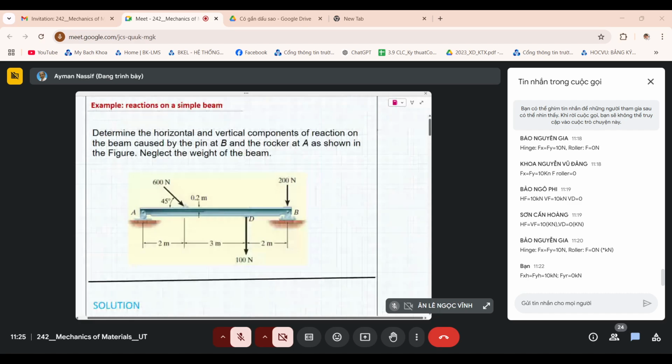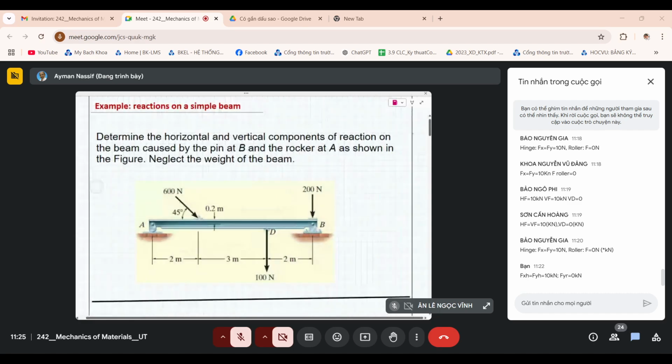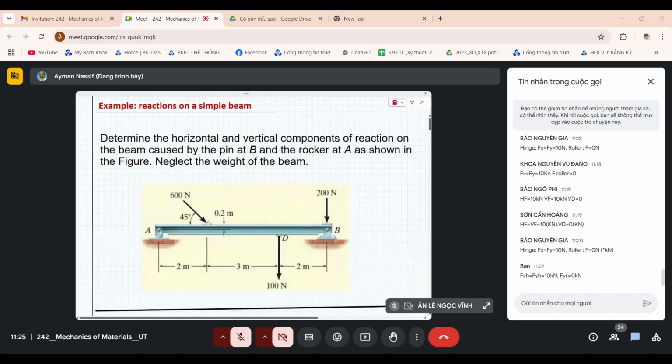Maybe we can try this one for now. So this is another problem. Now what we have here is a rocker support, which I explained before. You can treat it as a roller support, and a hinge support here, or a pin.